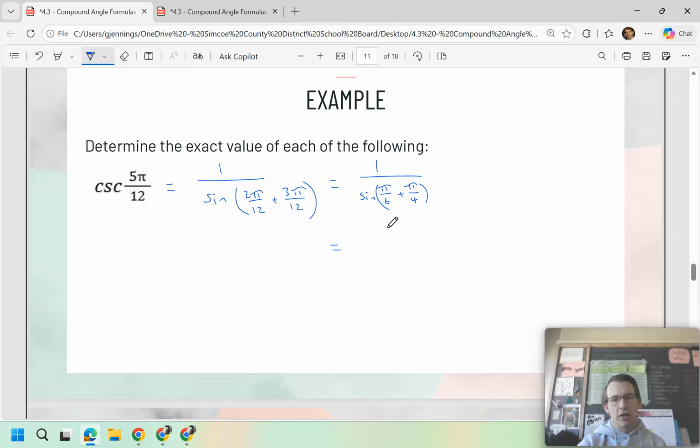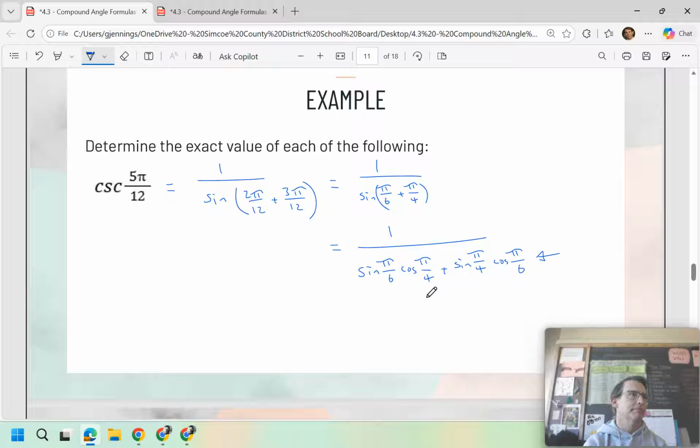And then you just work out 1 over sine pi on 6 cosine pi on 4 plus sine pi on 4 cosine pi on 6. It's just a reciprocal of that whole thing. That's all. That's it. Evaluate it and then keep flip change.